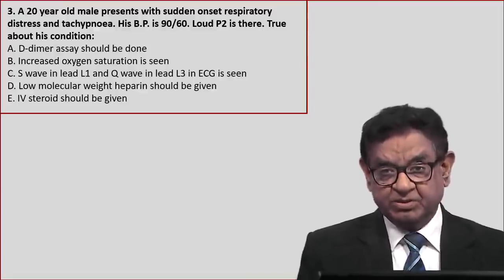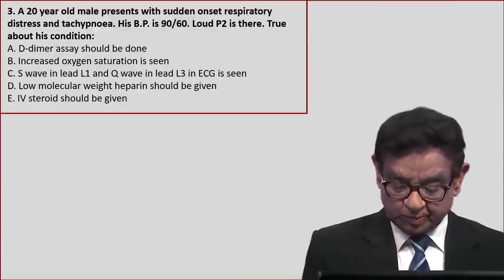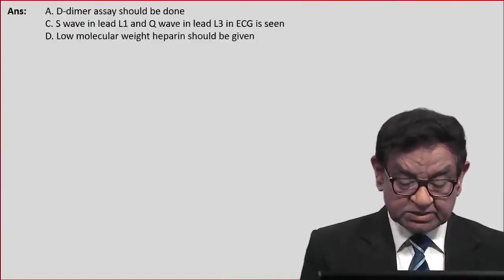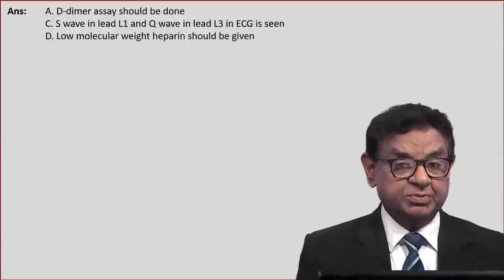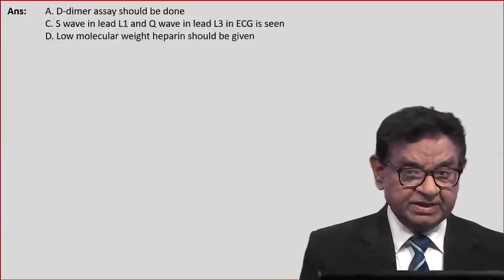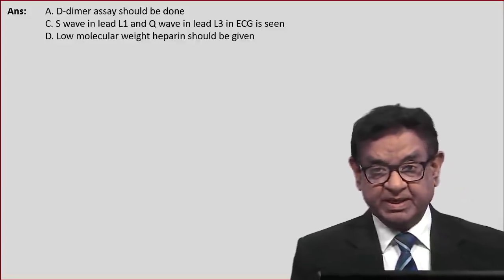As per the history, this seems to be a case of pulmonary embolism. The answer is ACE: D-dimer assay should be done, the ECG finding in option C is correct, and low molecular weight heparin should be given.